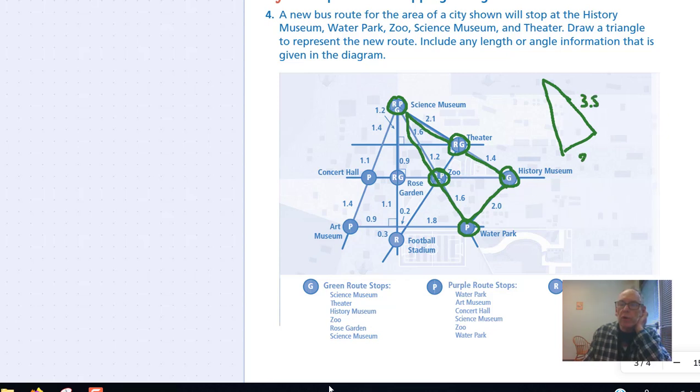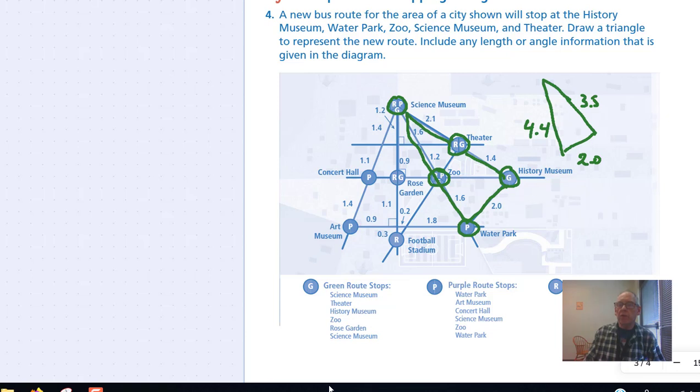This piece here is 2.0, and this piece here is 1.6 plus 1.2 plus 1.6. That's what I'm seeing. So that's 3.2, 4.2, 4.4. So that's how the sides are in the triangle, including any length or angle information that's given in the diagram. So that's pretty much what we have with that.